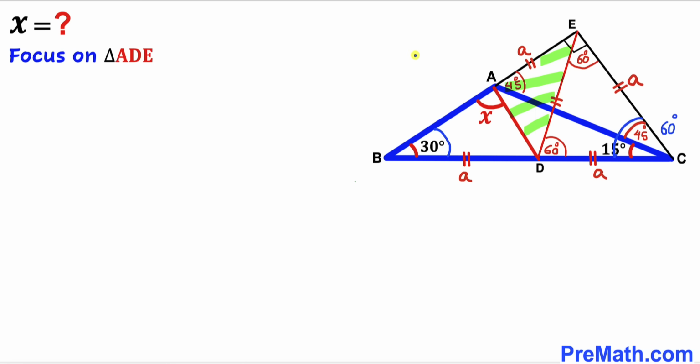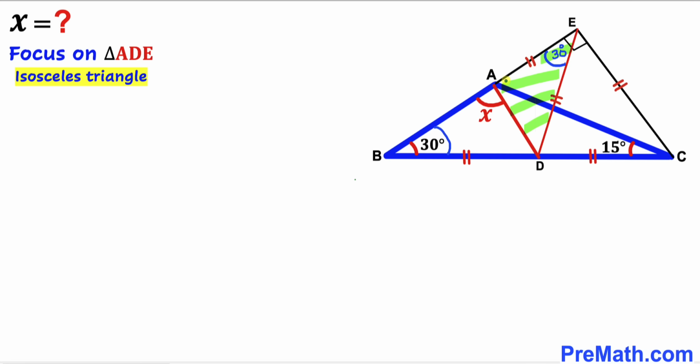Finally, let's focus on this triangle ADE. We know this whole angle is 90 degrees and this angle is 60 degrees. So this remaining angle has got to be 30 degrees. Let's make an observation. We can see that this triangle ADE is an isosceles triangle, since side AE equals side DE.